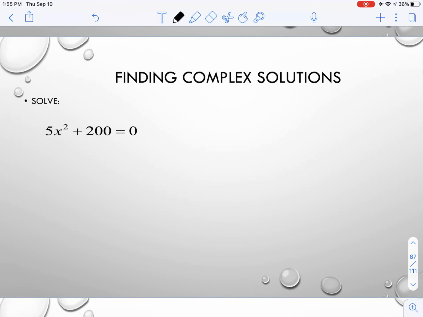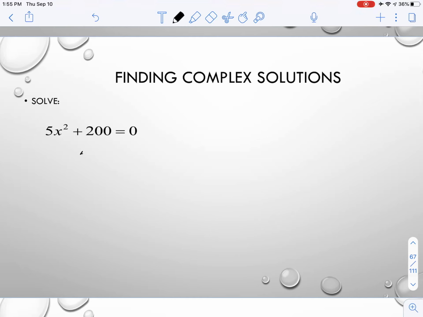So the other place that this comes in handy, not just dealing with operations with imaginary numbers, but in terms of solving equations that don't have real solutions, is that it allows us to represent that solution without the real number by using the complex or imaginary numbers. So if I have here 5x squared plus 200, I'm going to solve this by taking square roots right now.